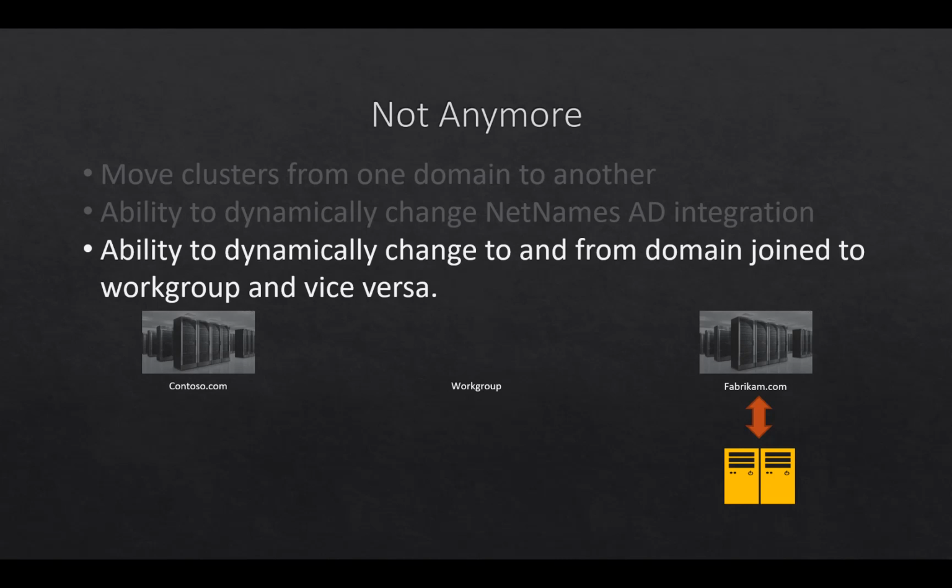When you're changing it from a work group to the new domain, it will go and create your new network names. There is some downtime attributed to this, as the network names have to be offline, which means your roles have to be offline. So there is a little bit of a maintenance period that would need to be scheduled, but you're not having to destroy the cluster.